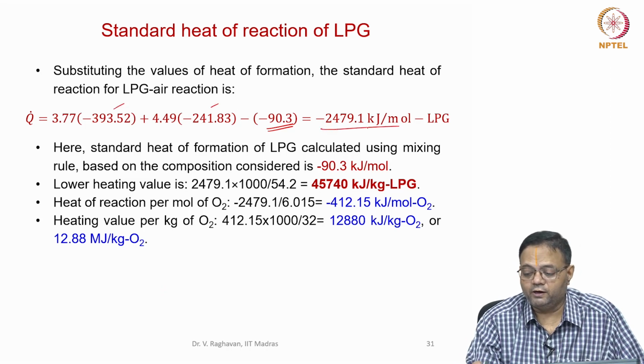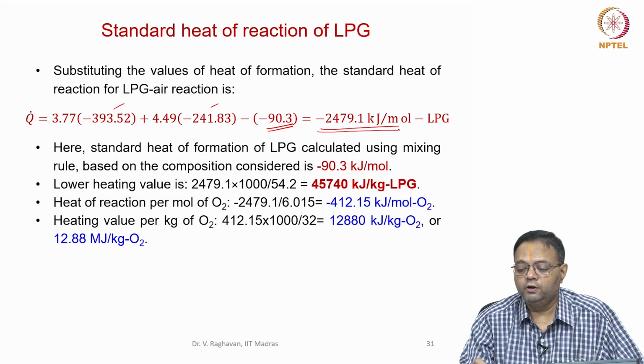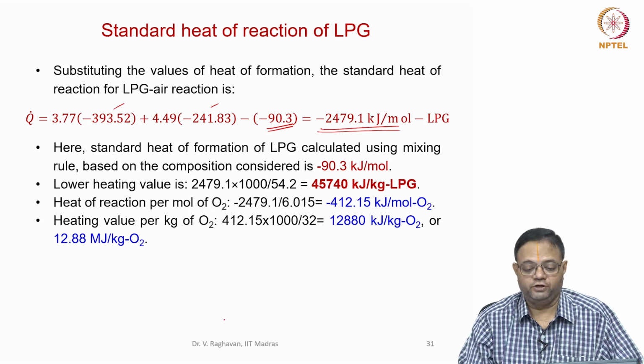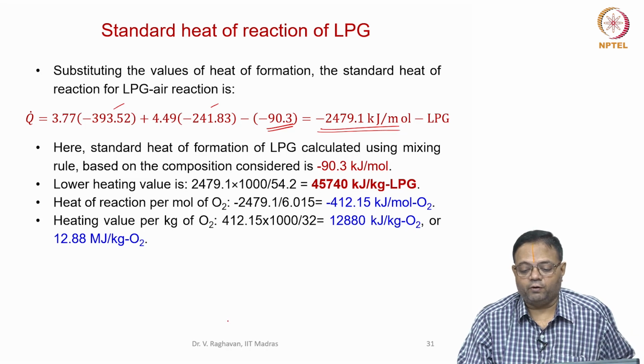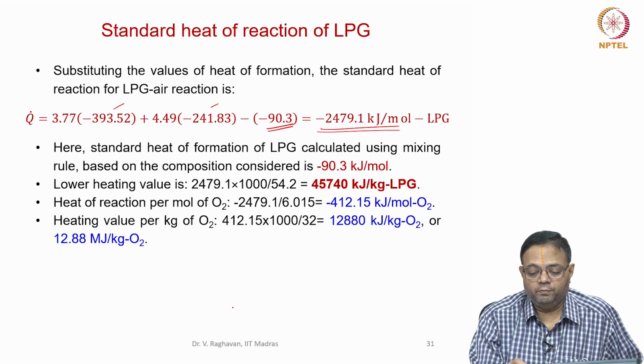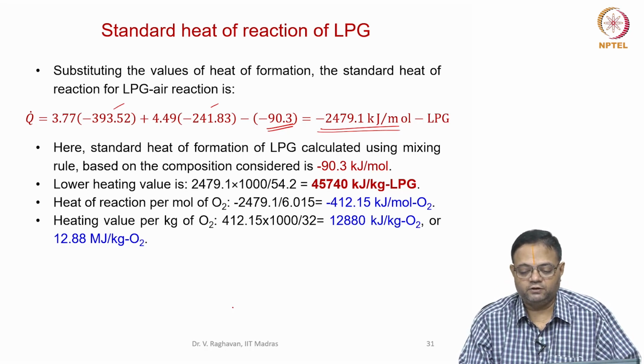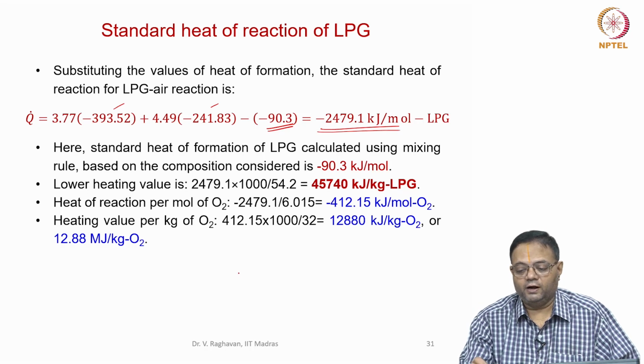So, finally you get that the standard heat of reaction is minus 2479.1 kilojoule per mole of LPG. This is the standard heat of reaction calculated by the mixing rule based upon the composition considered. If the composition changes, that will also change, that you have to understand.